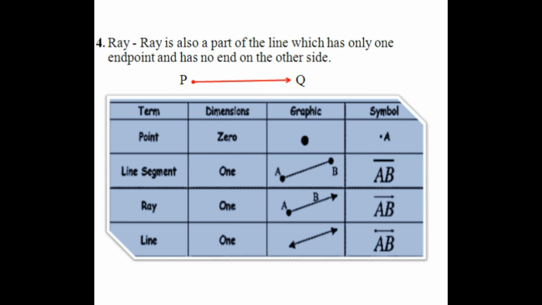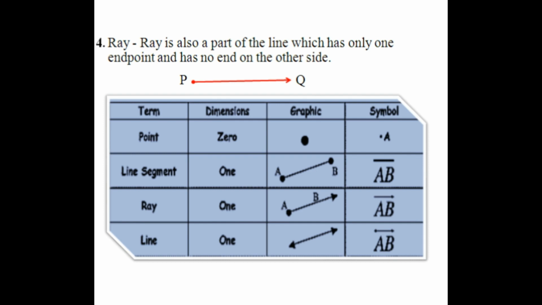Then you see the tabular column. The term is given, dimensions given, graph given, then symbol given. Keenly observe this table. First, the point has no dimension. We will represent it as a dot. The symbol is A; always we will give A, B, C in capital letters.